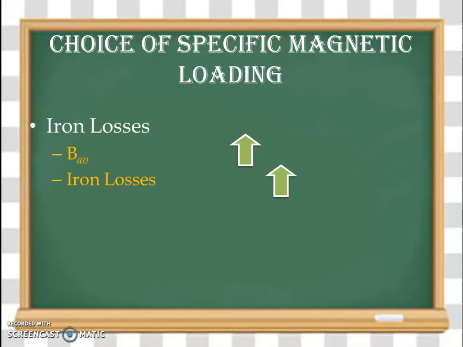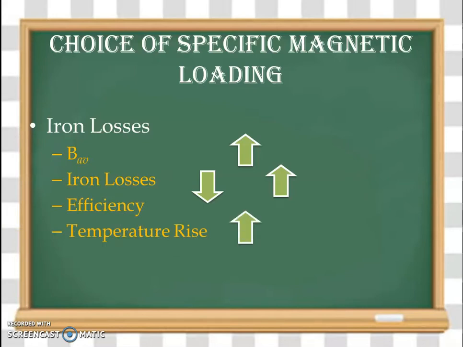So if iron losses are higher, the consequence is that efficiency will be drastically reduced, and at the same time temperature rise will be more. So if temperature rise is more, we have to design with appropriate insulating material, or we have to provide better cooling conditions. So iron losses and temperature rise are one of the main constraints while choosing our specific magnetic loading.